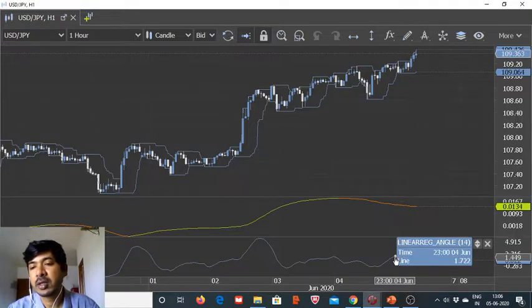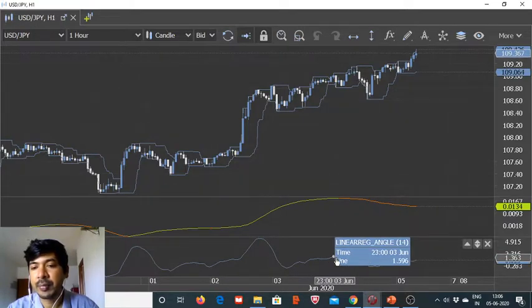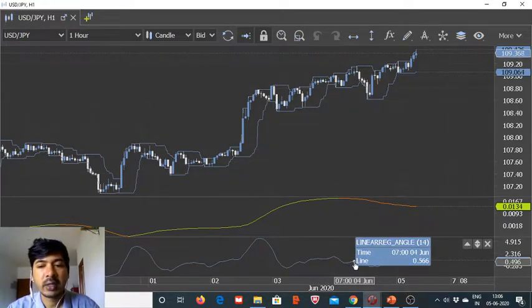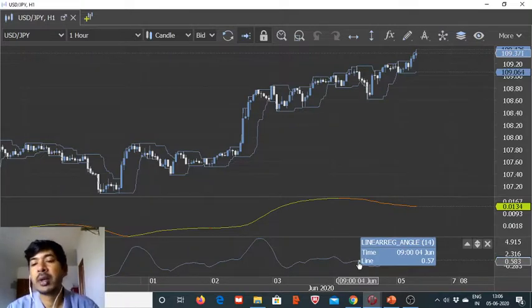Then the attention shifts to the linear regression angle, and the requirement is that the linear regression angle should be in positive territory, and then it should have been rising earlier, and then the reversal should happen, it starts to fall.